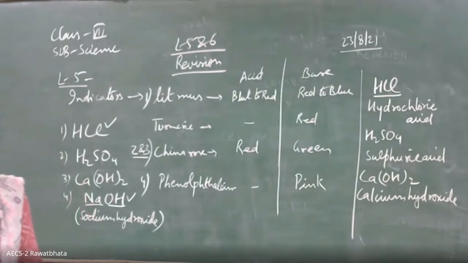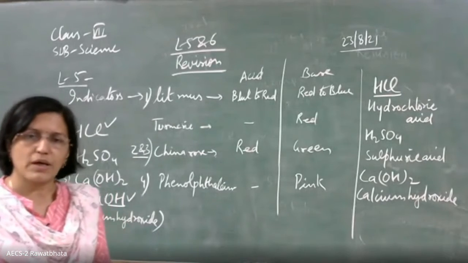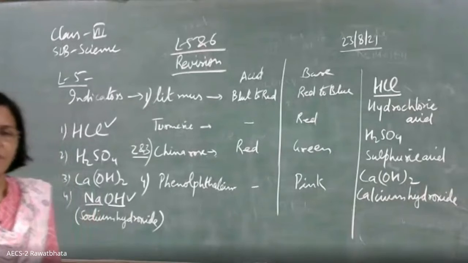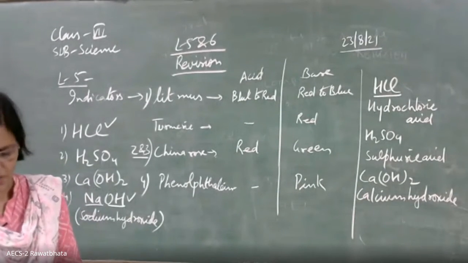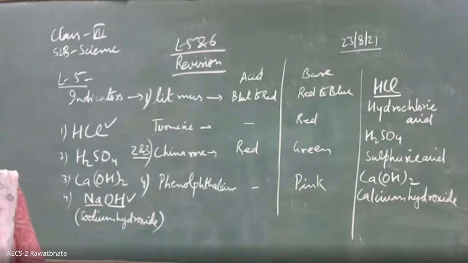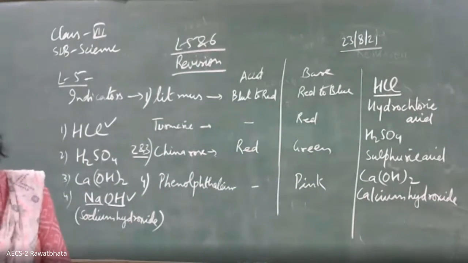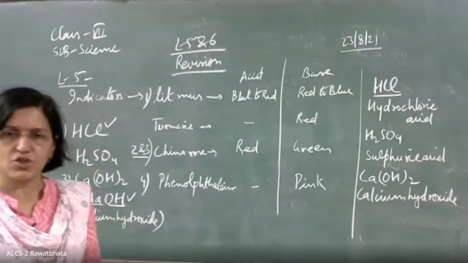And of course, soil treatment, under that heading, what we have is that if the soil is turning more and more acidic, we may add a base to that. And if it is turning more basic, we may add an acidic fertilizer to that. Some of the names also have been mentioned, for example, calcium oxide or slaked lime, that is calcium hydroxide, that may be added, that is basic in nature.